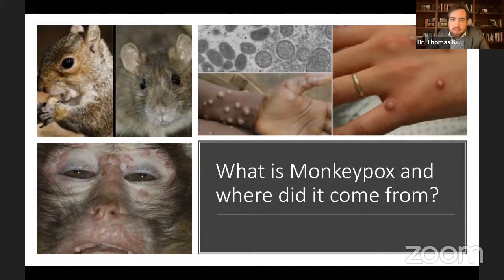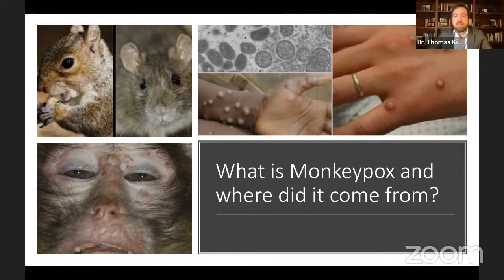The name monkeypox is actually a little bit of a misnomer. It does infect monkeys, and that's where it was first described, but the primary host is typically rodents. There are about 6 or 7 rodent species that are local to these Central and Western African countries, and this is really where monkeypox lives.